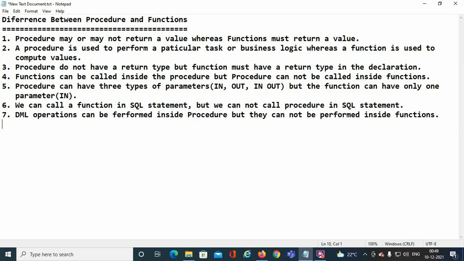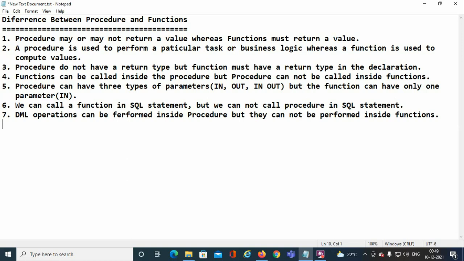The interviewer may also ask what a procedure is and what a function is, which I already explained, and what the difference is between them. These things must be very clear if you are going for an interview as a database programmer, Oracle programmer, SQL developer, or PL/SQL developer.